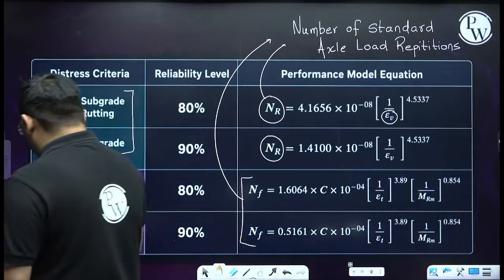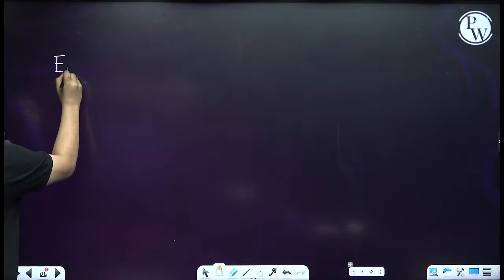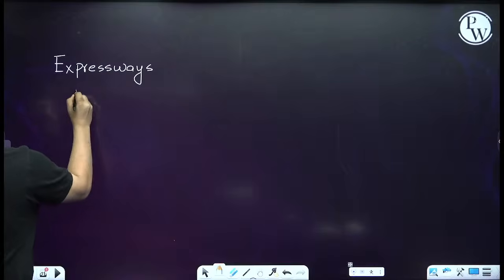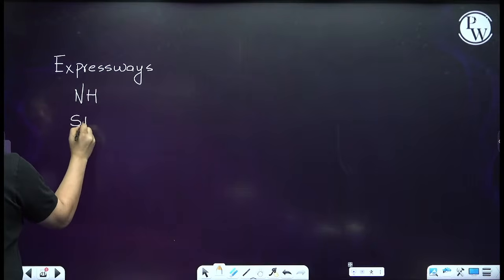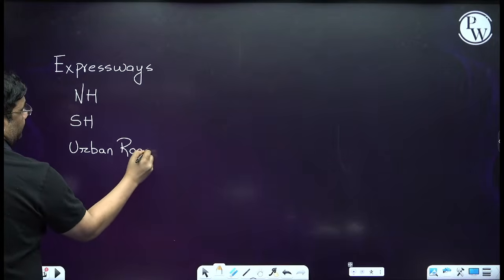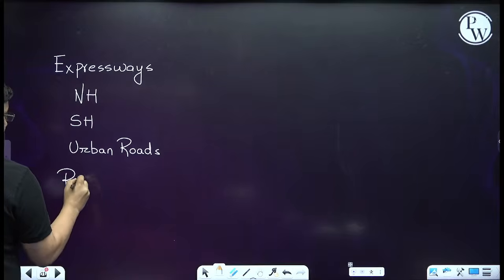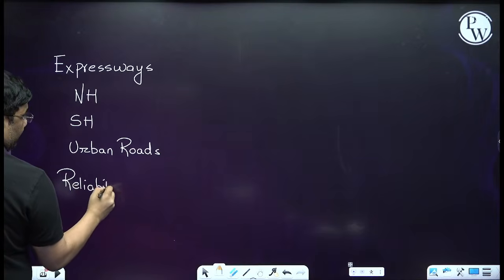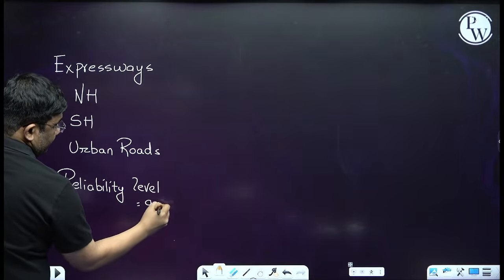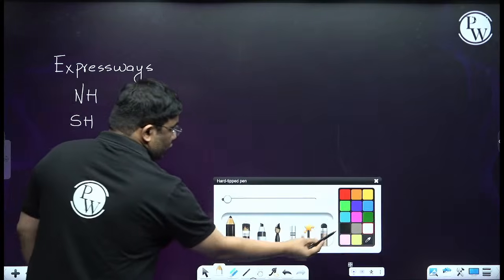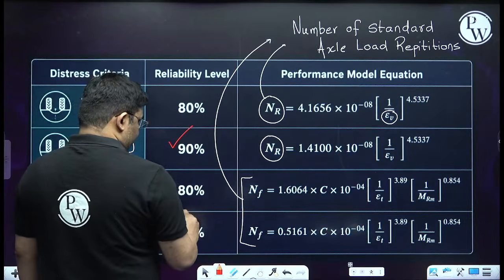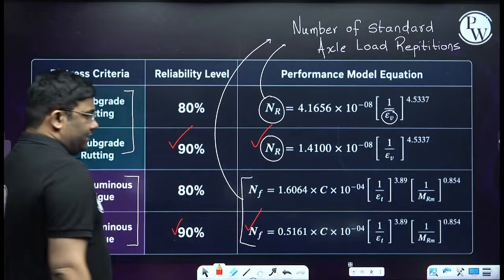Just remember that for expressways, national highways, state highways, and urban roads, we take the reliability level as 90%. So for all the major roads, we go with this 90% equation.